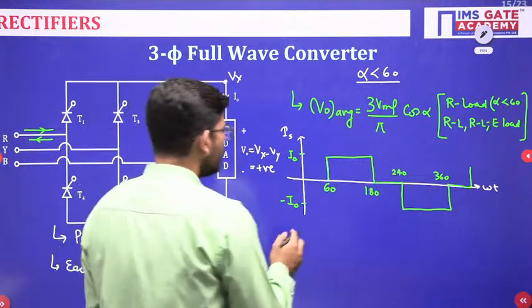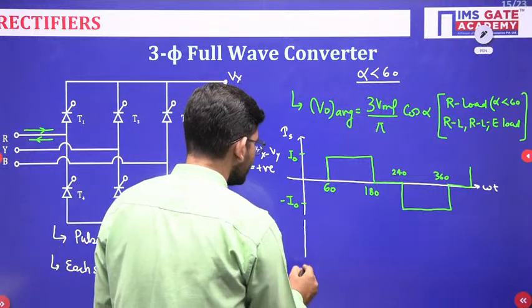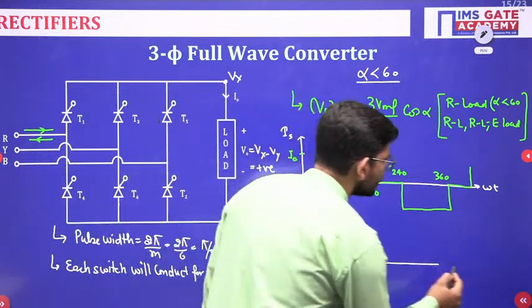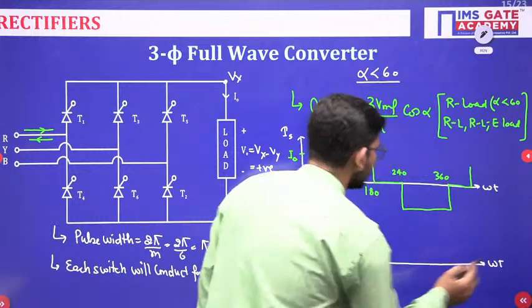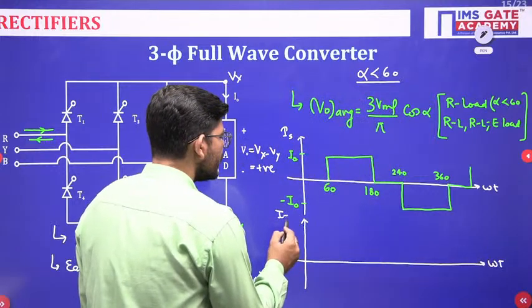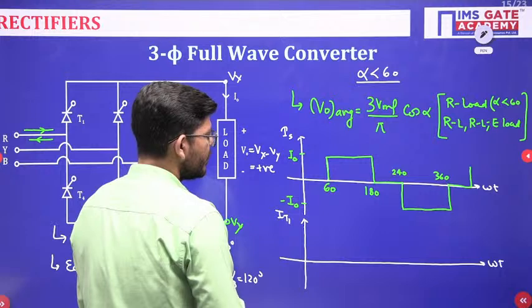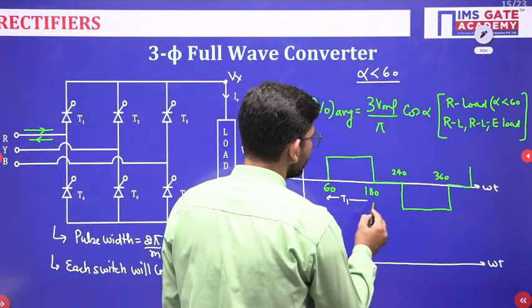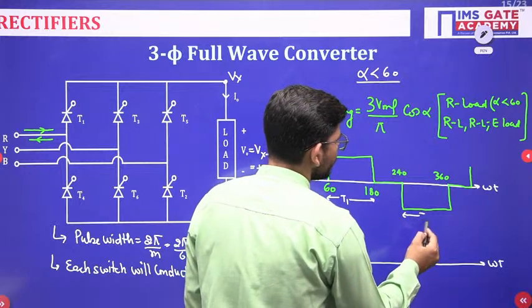Now if I have to plot the thyristor current waveform, just see how it will be. Let us plot for any thyristor, suppose thyristor T1. Here we have T1 conducting, here we have T4 conducting.